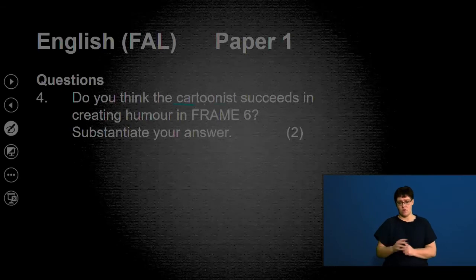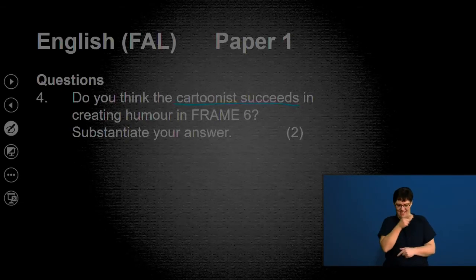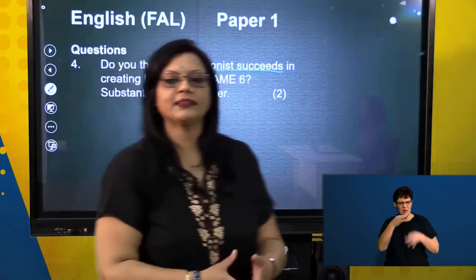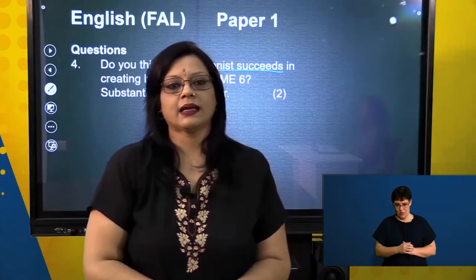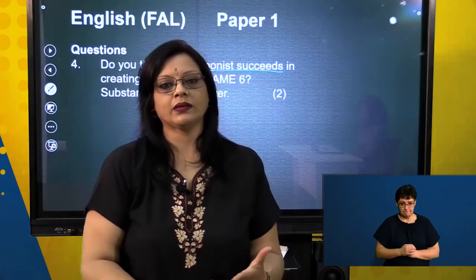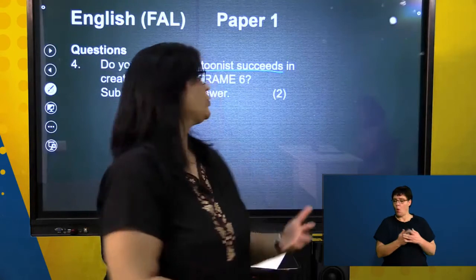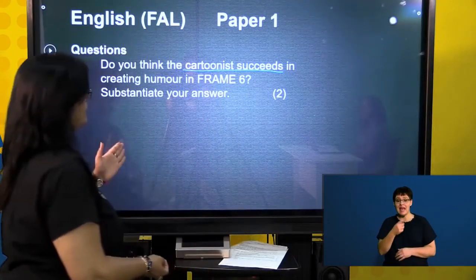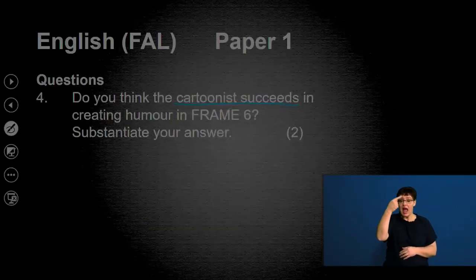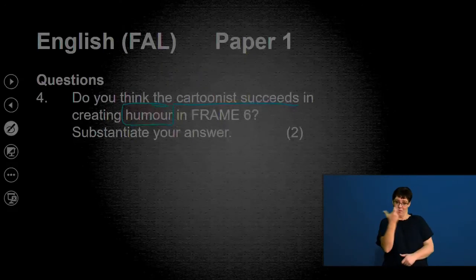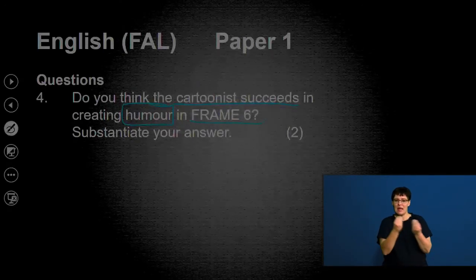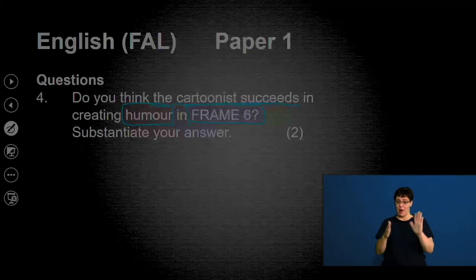Okay, so if we go now to question 4. Do you think the cartoonist succeeds in creating the humor in frame 6? Substantiate your answer. Here, basically what we do is we look at yes, we agree, or no, we don't agree. Remember, it's asking you very clearly, do you think the cartoonist succeeds in creating humor? So we are looking at something that's funny in frame 6, and it's referring us specifically to one frame.